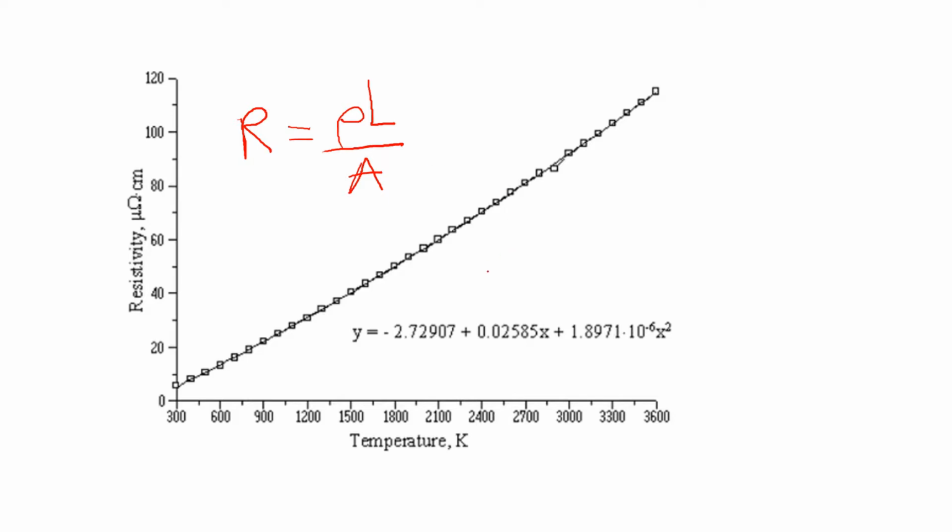In this case, the symbol for resistivity is rho, and the resistivity is proportional to T. So resistivity is proportional to T. And since resistivity is proportional to T, resistance is also proportional to rho.